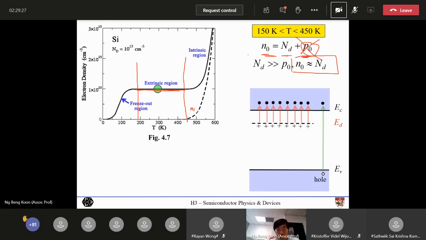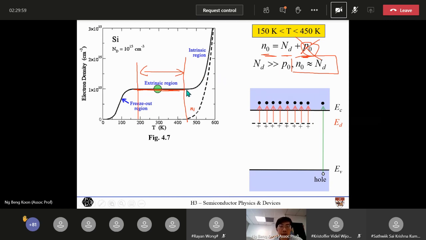If you don't cool it and it heats up too much, it will change the characteristics and behavior of the microprocessor so much that it doesn't work anymore, and then your computer will hang. So in practical applications, most times we keep the temperature of the semiconductor within some well-defined range where the doping or free carrier concentration does not change with temperature. That's the extrinsic region. If it changes, then it's a problem.